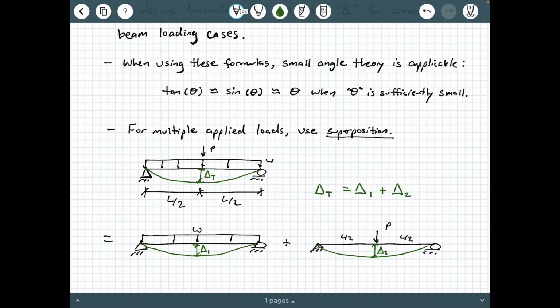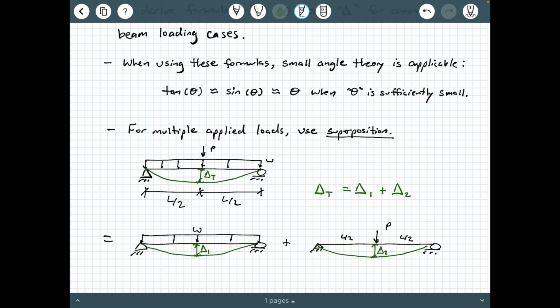So basically what superposition tells us is that if you have multiple loading scenarios on a beam, you can calculate their deflections, or a rotation angle works the same way, their deformations separately.